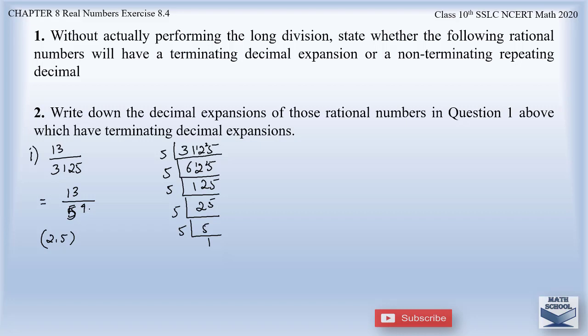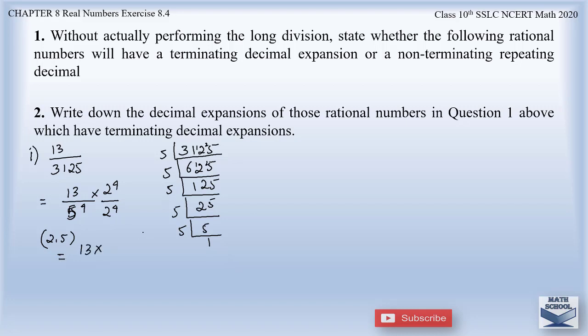So we have to multiply the numerator and the denominator by 2 power 4. We are taking the power 4 because we should obtain equal powers of 2 and 5 in the denominator. Since here we have 5 power 4, we are taking 2 power 4 and multiplying it with the numerator and denominator.